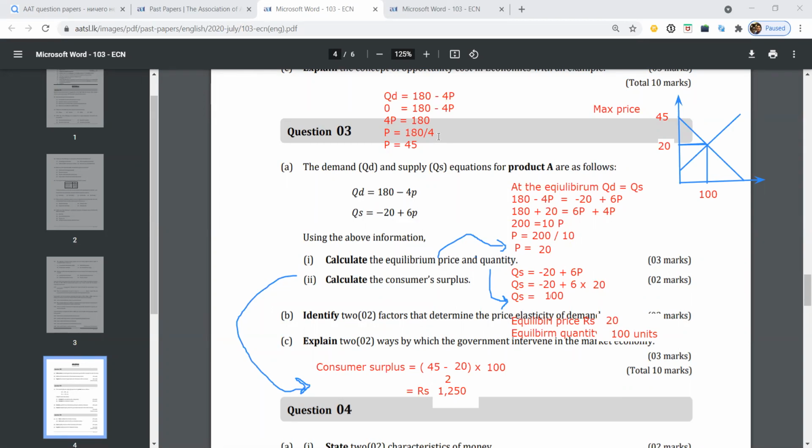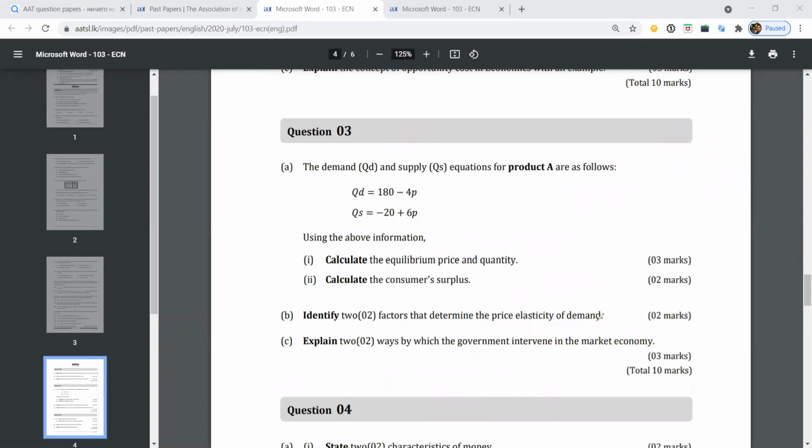Then the next question: identify two factors that determine price elasticity of demand. We realize there are a number of factors. I'll erase this part first of all. Right, I'm talking about question B. Factors affecting price elasticity of demand.